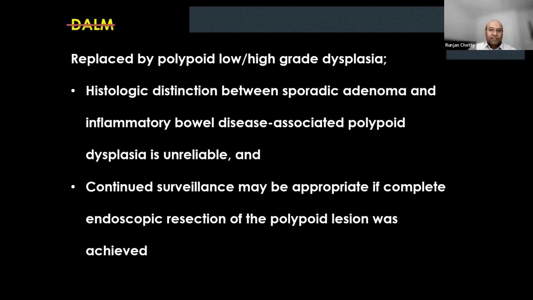So depending on the scenario, you make the call. If you say it's a sporadic tubular adenoma, then the patient will not be followed. However, if you say it's a polypoid low-grade dysplasia, then the patient will follow the surveillance as per IBD guidelines. So don't use the term, use polypoid low- or high-grade dysplasia for a lesion that looks like that.